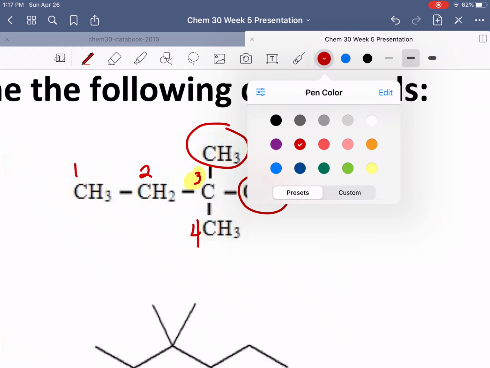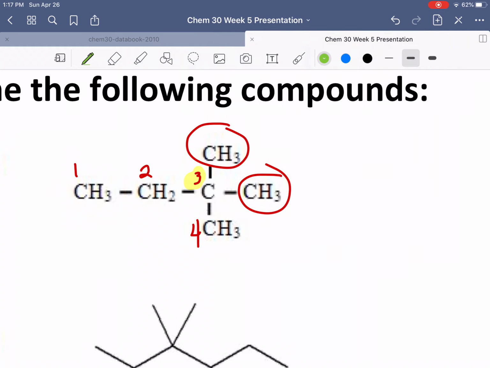Okay, let's do a different one. What if we draw them in green? Let's number out this one, and I'm going to go the other direction. So I can go this way. 1, 2, 3, 4. When I number that way, then I get my branches going here and here off of carbon 2. Ooh, that's better. Lower numbers.